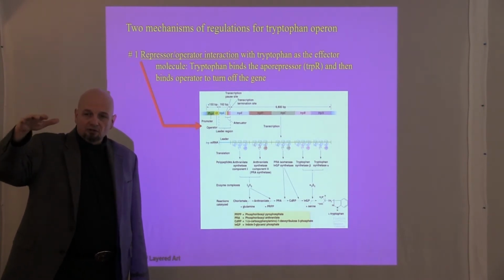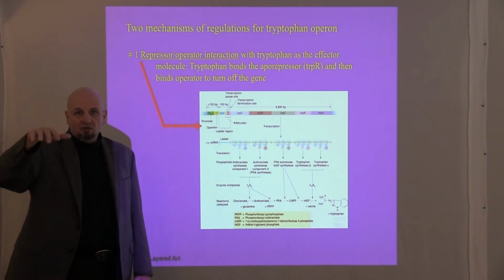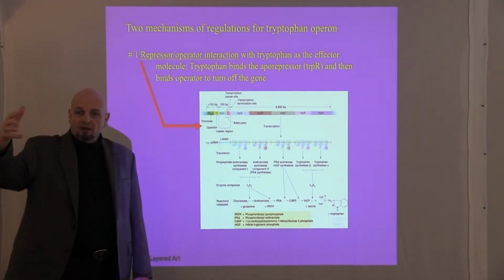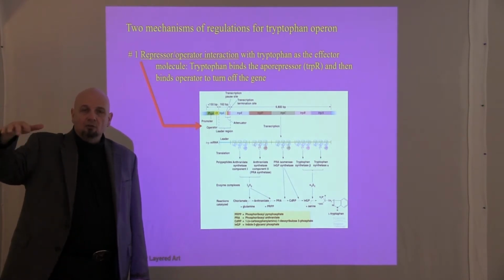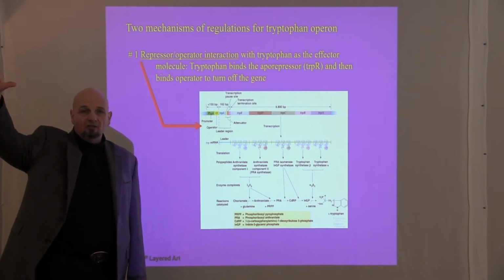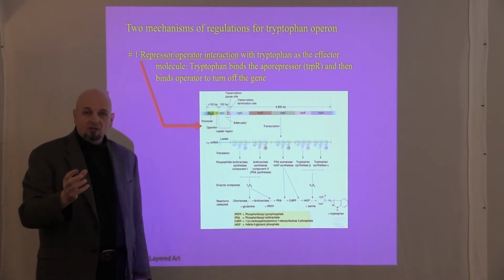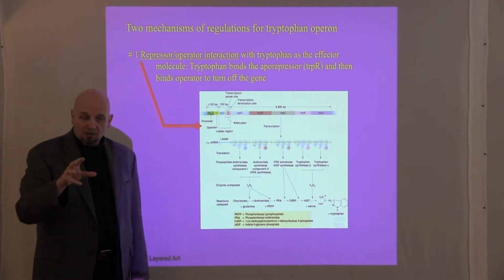Okay? If there's too little tryptophan, then the system starts to slow down. So there has to be a mechanism in place to activate it and get it to a level where it's supposed to work. But at the same time, if it gets too high, that's a waste of energy. So there has to be a feedback system that says, okay, we'll turn down the volume. That's what this whole thing is about.